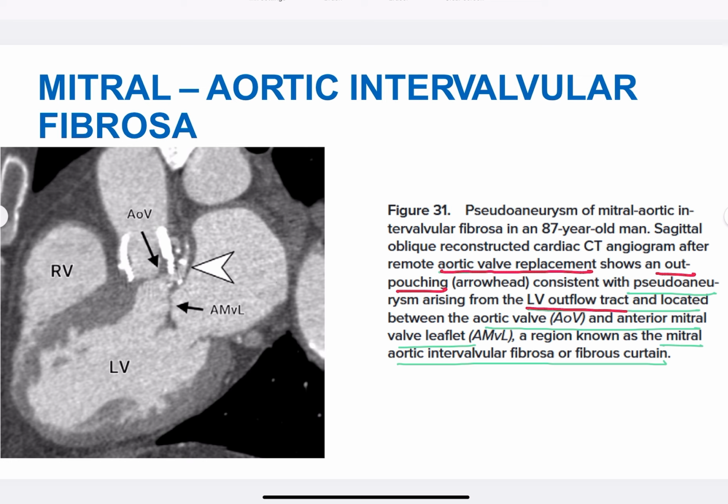Here in this image we can see this is the left ventricle, and this is the outpouching that is arising from the left ventricular outflow tract, and it is located between the aortic valve and the anterior mitral valve leaflet. So basically the outpouching arising from this specific region is known as the mitral aortic intervalvular fibrosa or fibrous curtain region.